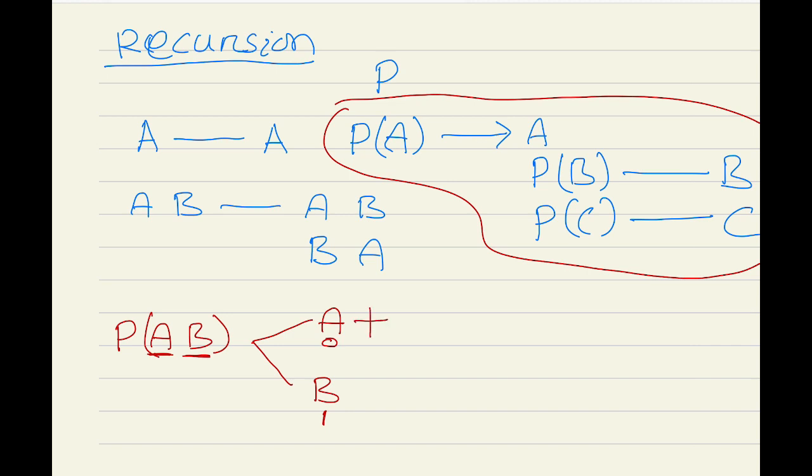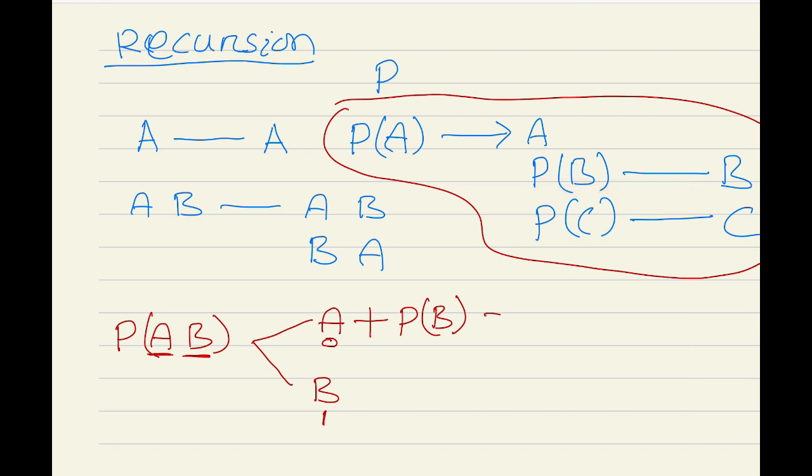For concatenation I am writing plus with P of B. So the problem initially is P of AB, and applying the process of recursion we are trying to solve the sub problem, that is P of B. Here initially you can see two characters are there, and now you can see only one character B is there, and we know that this P of B is equal to B.